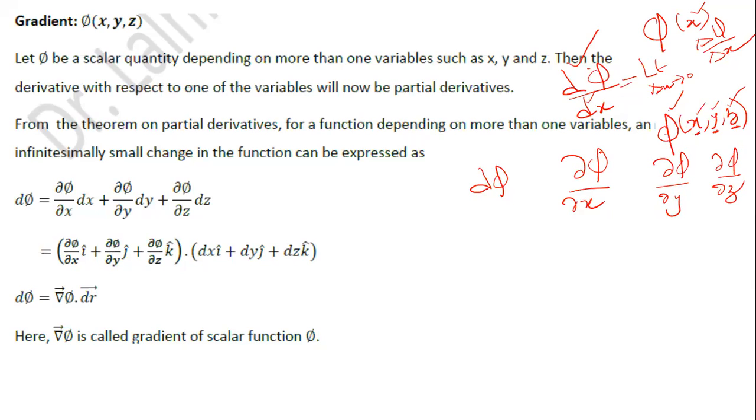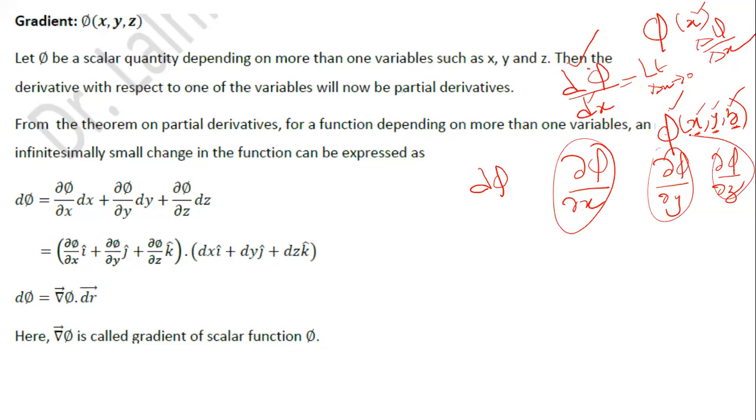Depending on the functional form, phi may change quickly with x, however phi may not change with y, or the changes in phi with respect to z might be very slow also. So it all depends on the functional form. The functional form will determine what these partial derivatives will give, right?